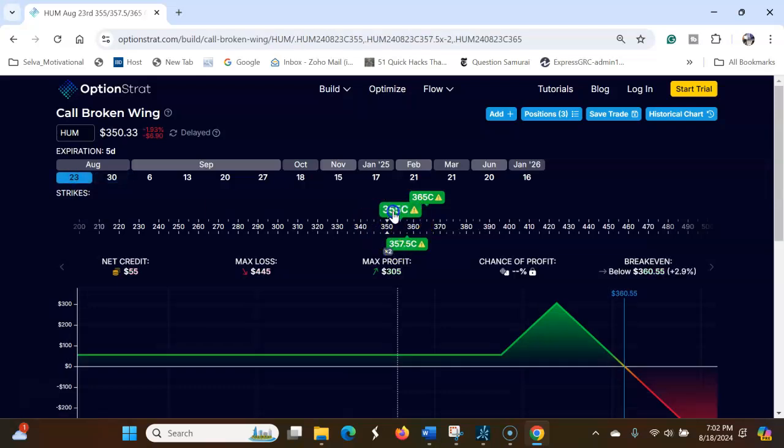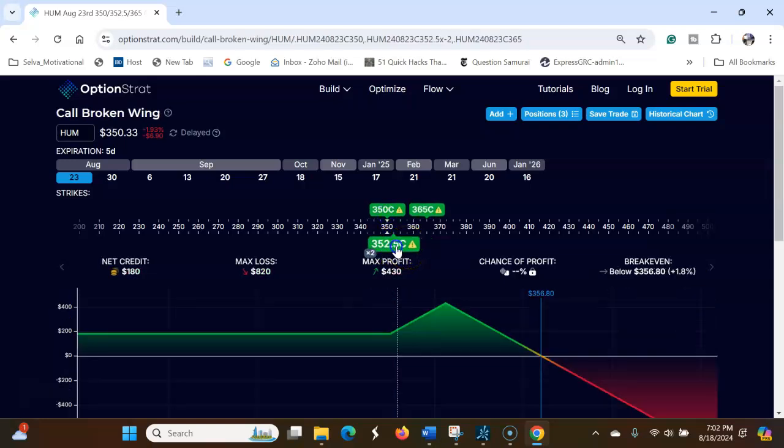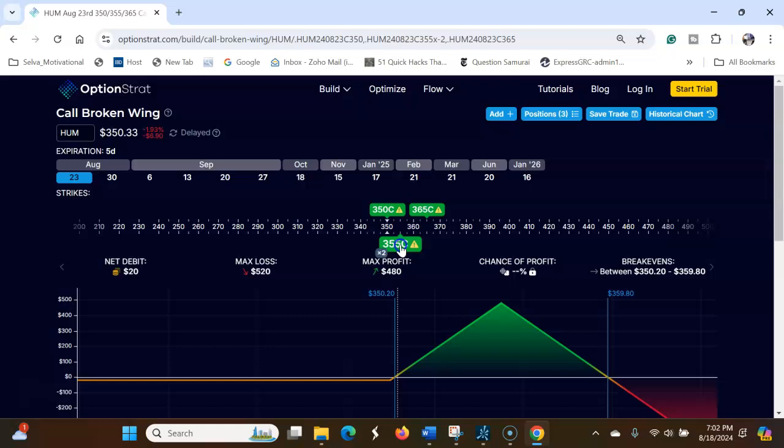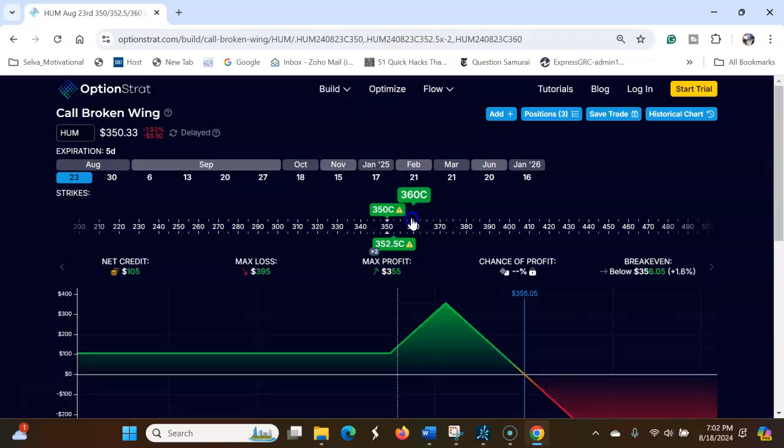Okay, so you want to go a little bit here, the strike. Okay, you see here. Okay, this is how you can play this.